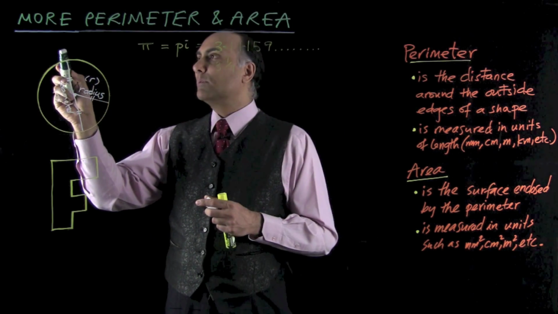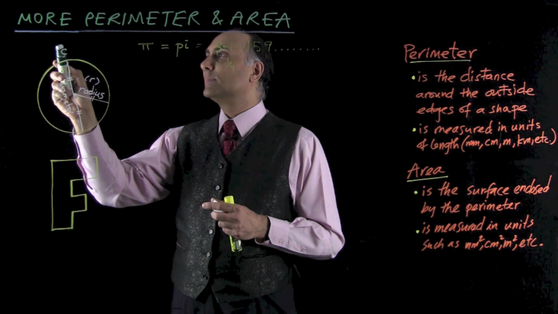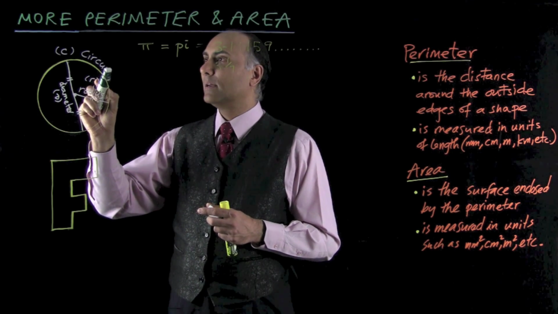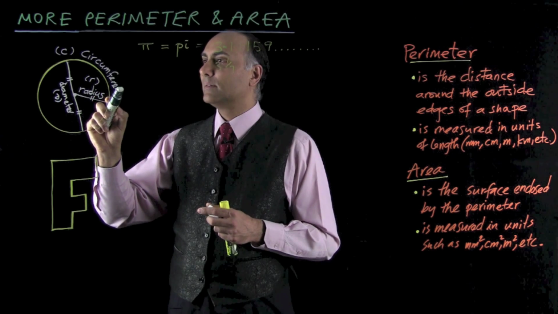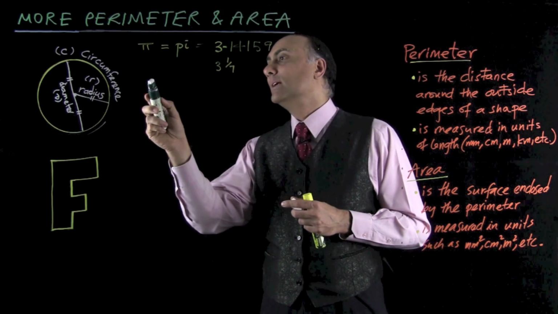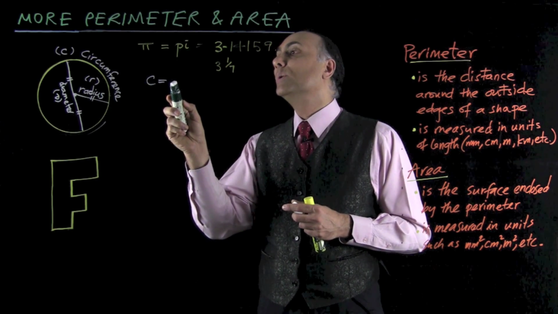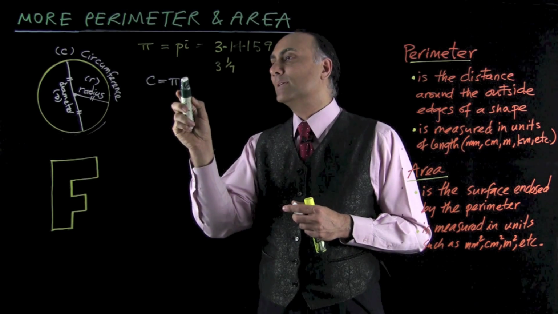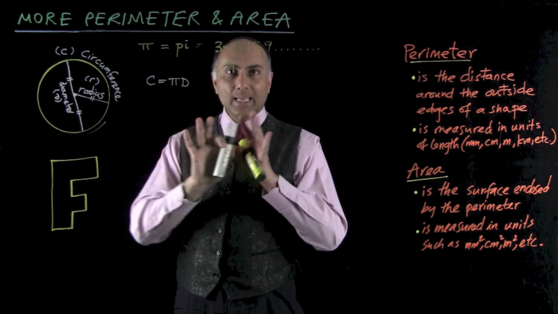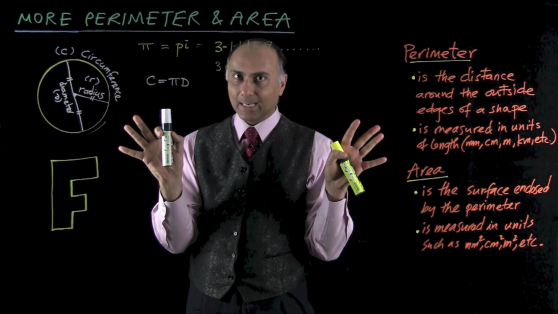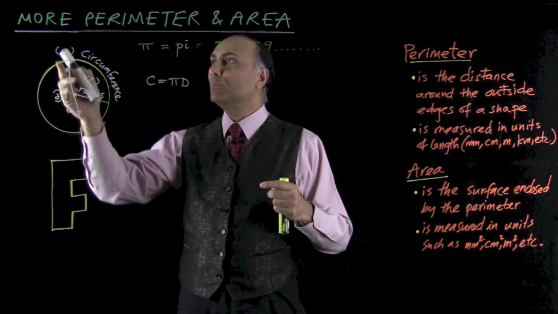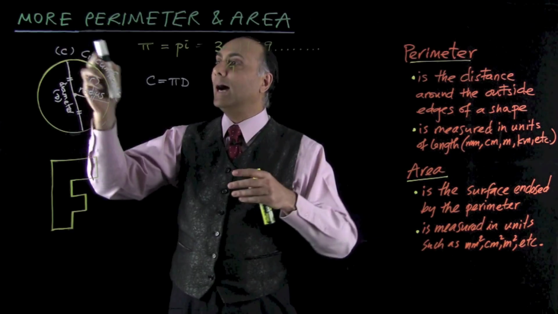Now the circumference, remember, C, is the distance all the way around the outside. So let's see how to work out the circumference of this circle. Well, the formula is this. The circumference is equal to pi times the diameter, which means that if you take absolutely any circle of any size and you know the diameter, you simply have to multiply it by pi to know how long the circumference is.